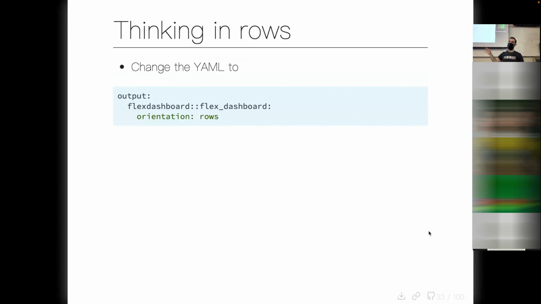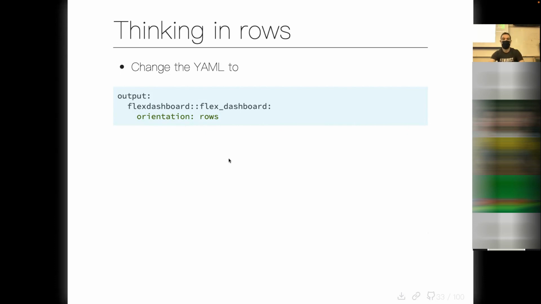The other thing we can do, I tend to not do this, but you are certainly welcome to, is basically just what way does your brain think better, right? The way we're doing it right now, we're thinking in columns, and every time we add a new square, we're splitting up the column, so it's kind of like we're adding rows within the column. If instead you want to, you can change the orientation to be rows.